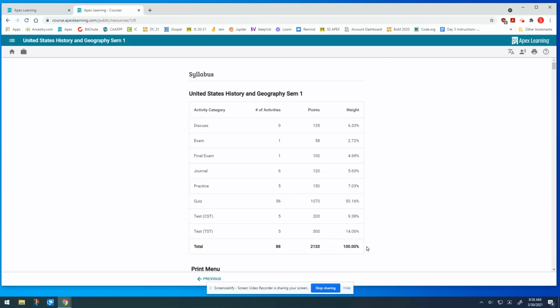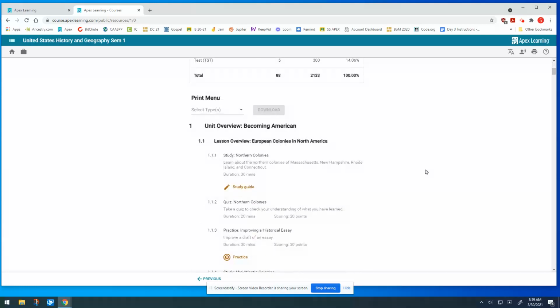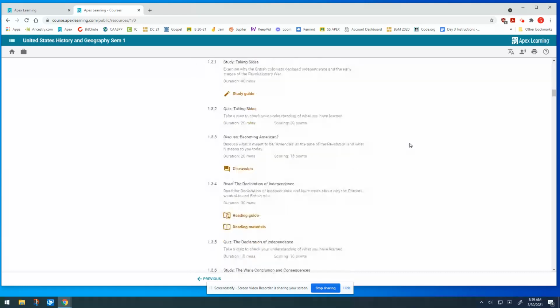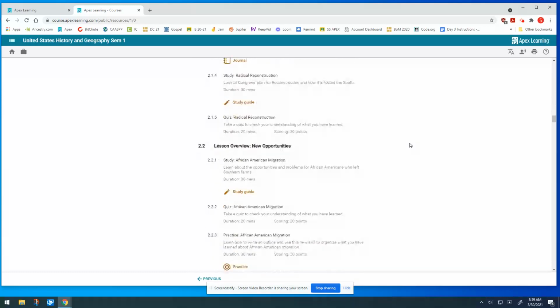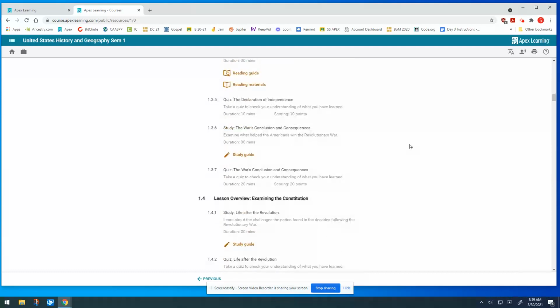You will be asked to do all of these activities except for the TST, which is the last item in each of the units. If you continue to scroll down, you will see that there are several lessons in this particular unit.